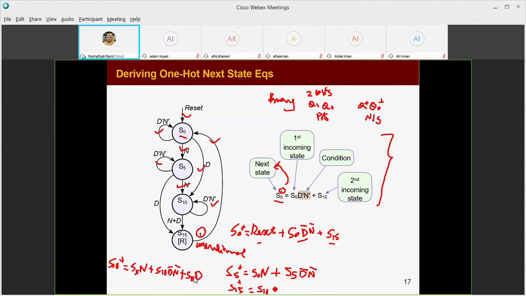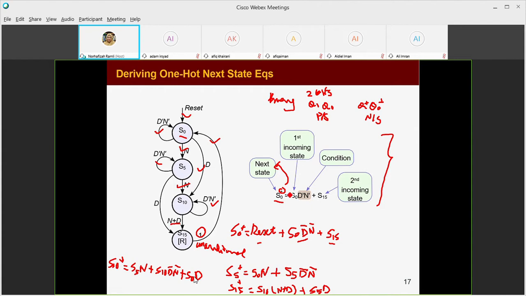N or D. So you can do N or D. But actually there are 2 arrows coming from the top, S10N or S10D. That's what it means here. And plus, what else here? S5D. S5D. Right? So you're done with the next state.